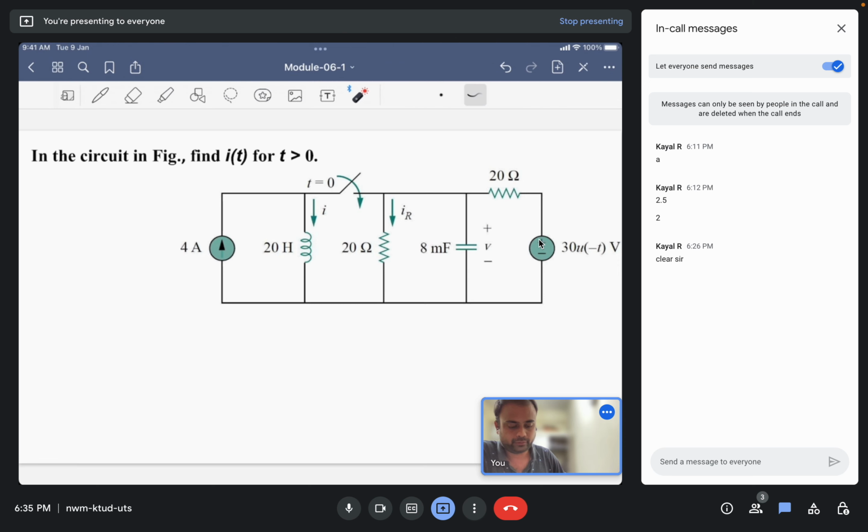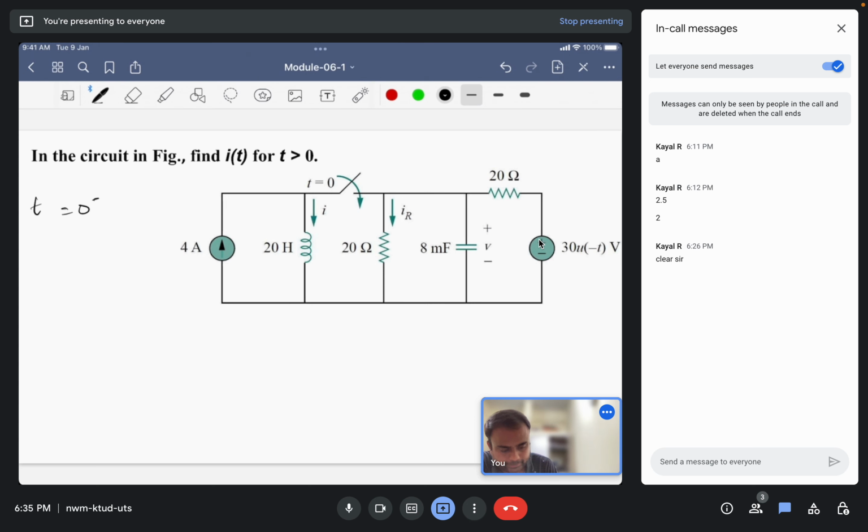Initially the switch was open. In the question they are saying that the switch is getting closed at t equals to 0. So we'll draw the circuit for t less than 0, or t equals 0 minus.